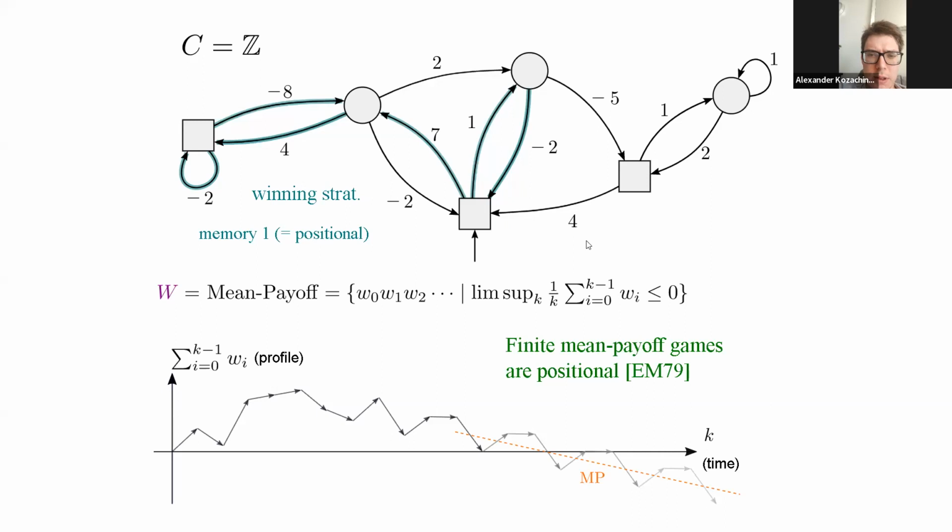So we have this green subgraph, right? And we just have to check that all cycles are negative there, just to verify that this strategy is winning. Yeah, and that should be clear, right? I don't doubt that it's clear for you, but just let other people say that this is clear for them. I agree that it's clear.